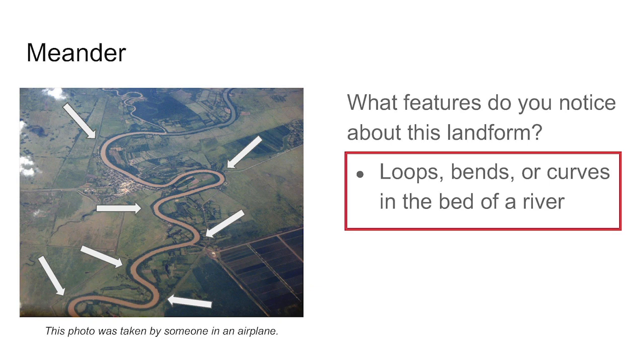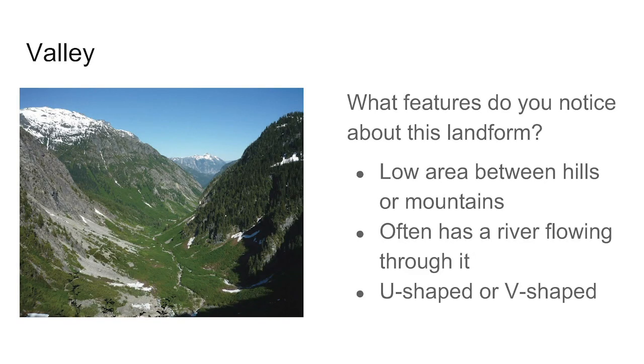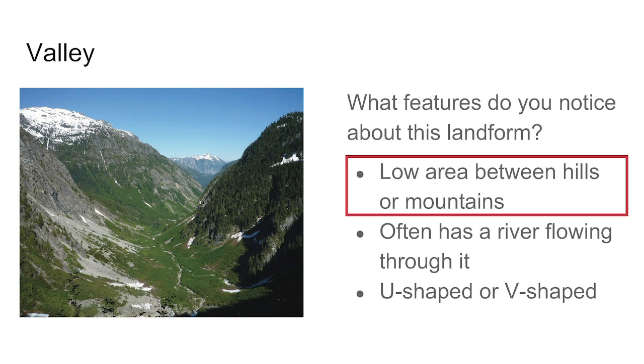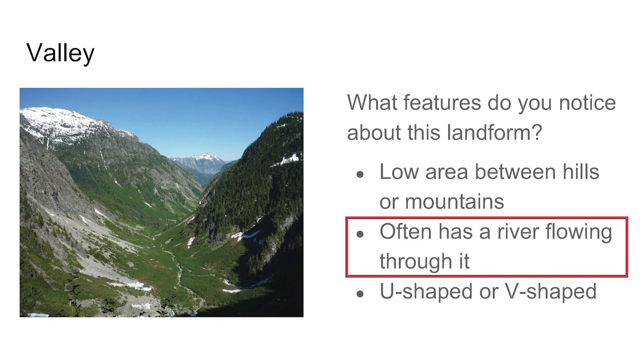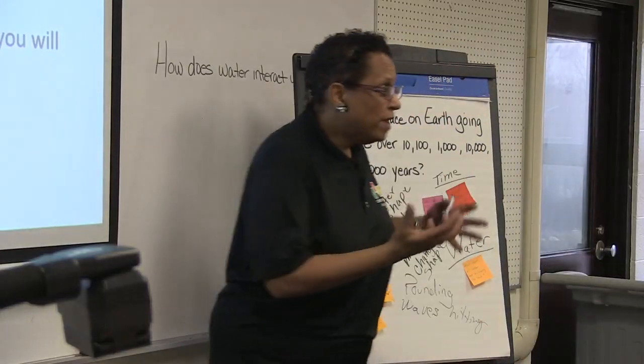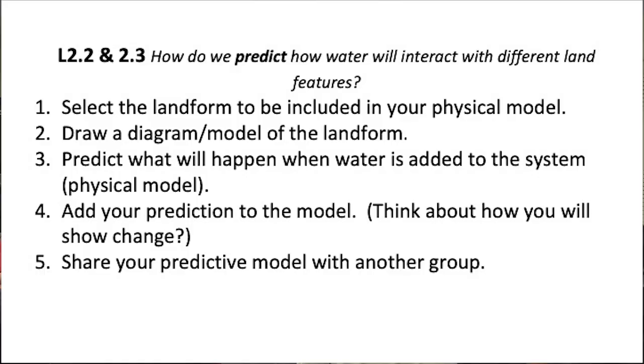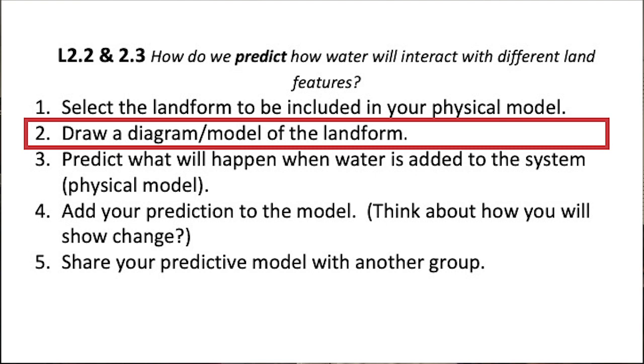And so that's what you want to make when you're making your landform. And then we have also a valley, and we can see that there's a low place, and then there are high mountains on each side, and, difficult to see, but there's a river flowing through between those mountains.